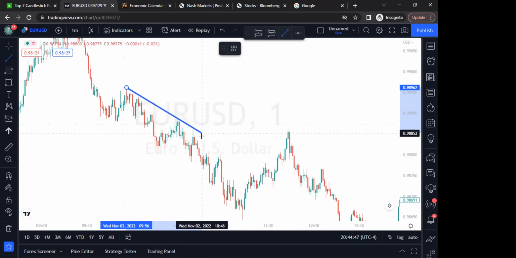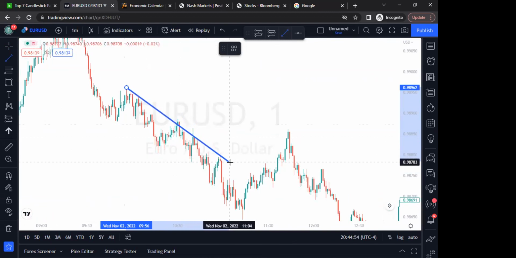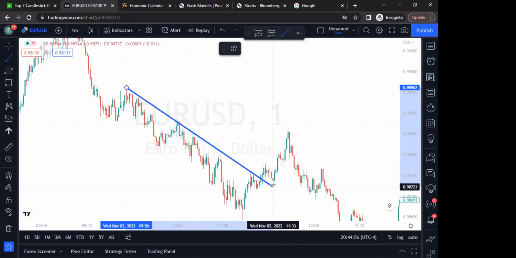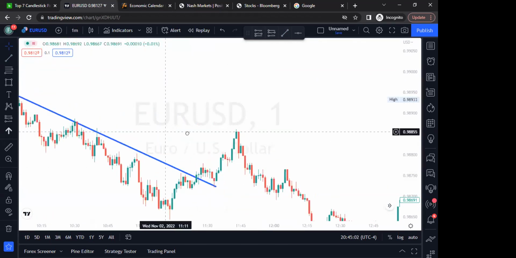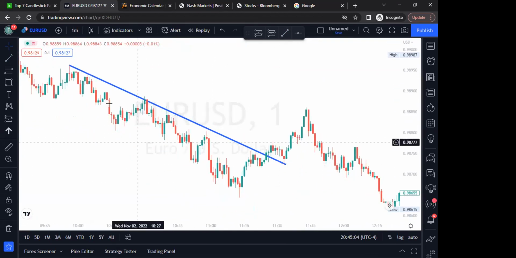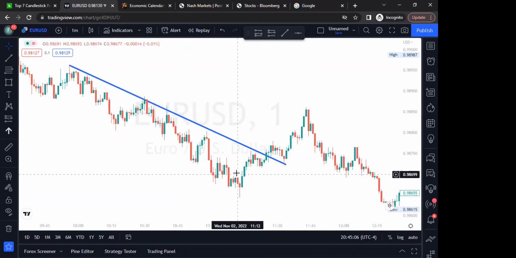Sometimes I don't cover these wicks because I feel like there's a bit of noise instead of actual price action. The wicks, to me, I look at as liquidity grabs. But how I would approach this is I'll draw my trend line.